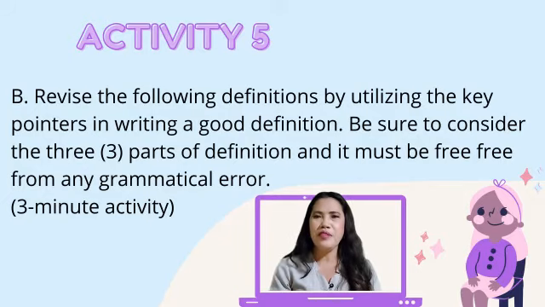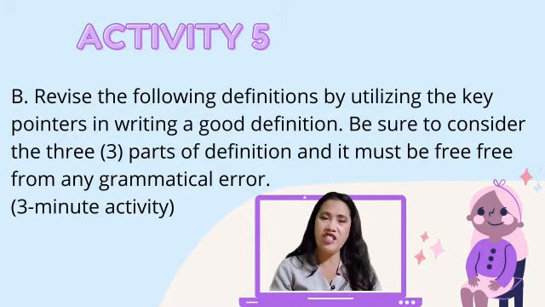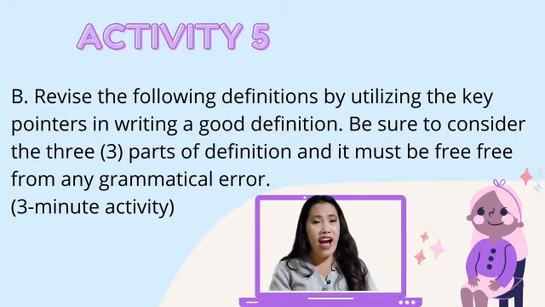Okay, so we're not done yet with activity 5, letter A. Let's move now to activity 5, but letter B. This is another activity which will gauge how far you've learned from our discussion. All you have to do, class, is just revise the following definitions by utilizing the key pointers in writing a good definition.